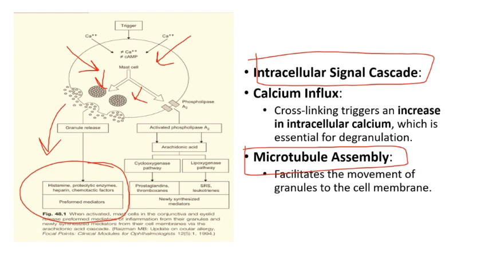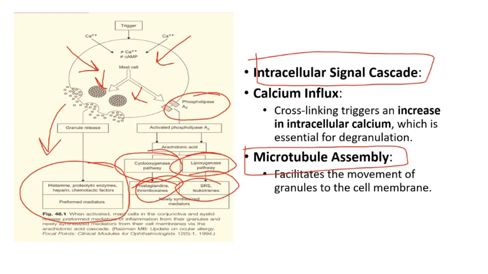On the other hand, you can see there's also activation of enzymes like phospholipase A2, and this phospholipase A2 ultimately helps in the cyclooxygenase and the lipooxygenase pathway, and in the production of prostaglandins and leukotrienes.